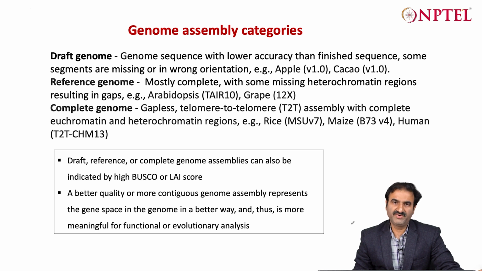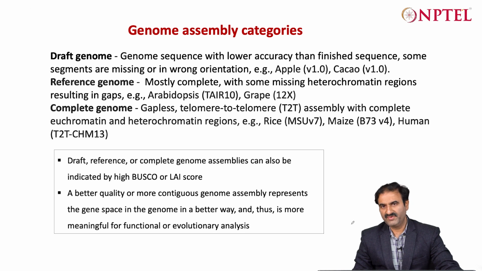So to achieve draft to reference to complete, at any level, is an achievement, because the human genome was also a draft initially and then it was completed. So it has to start with a draft, but with the technologies and methods that you have today and the know-how, we can at least try to have a very good quality draft or a nearly complete genome.